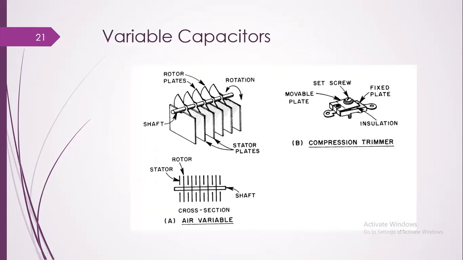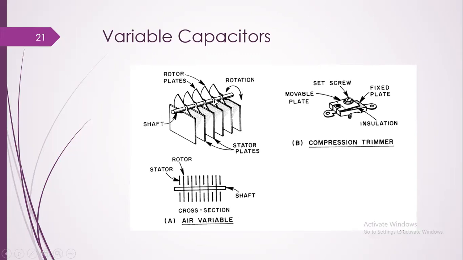We already discussed the concept of variable resistance. The same concept is also applicable here: variable capacitors vary the capacitance. Here the shaft is connected, with stator plates, rotor plates, and a rotation.